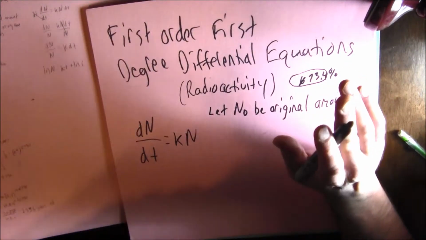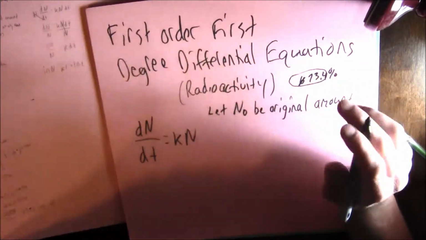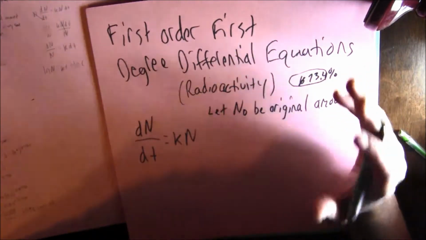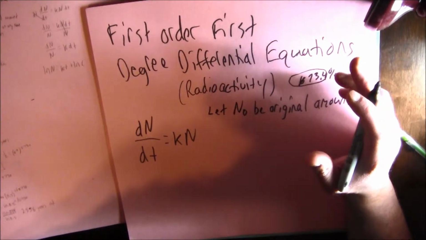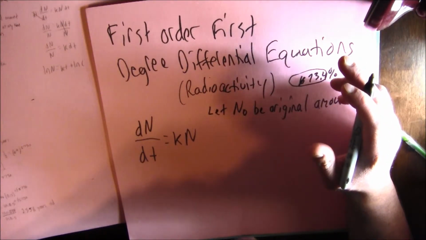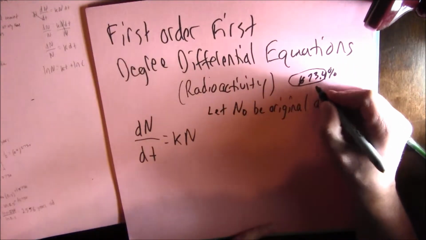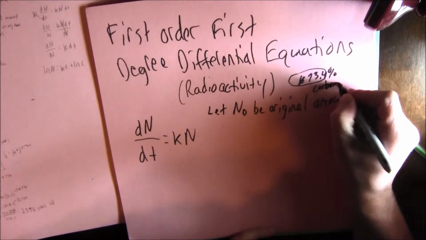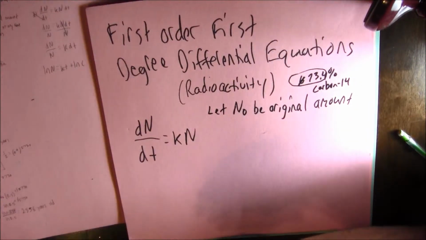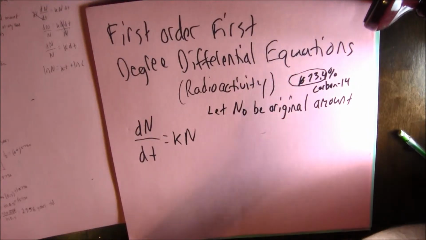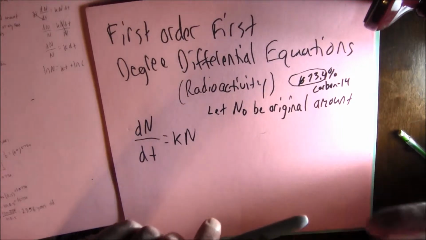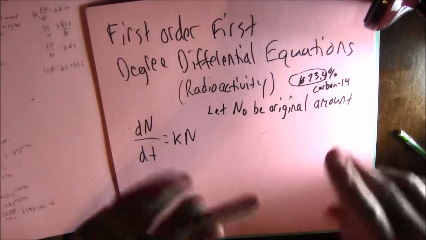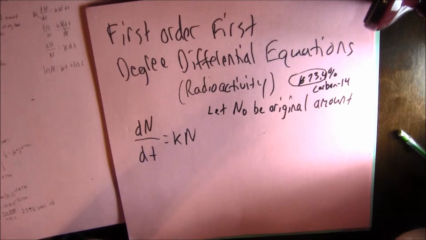You look at the rock and the concentration of carbon-14 is at 73.4%. You're like, dang, it's not 100%, it's 73.4%. That's one variable. I'll be plugging that in soon.